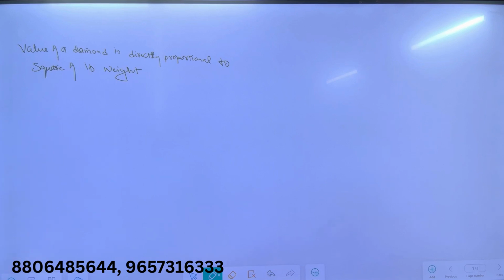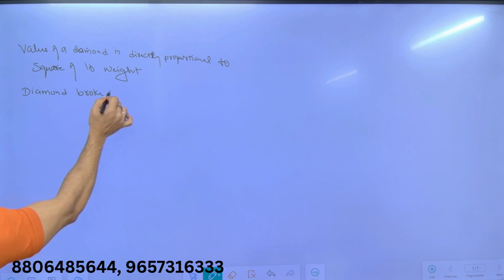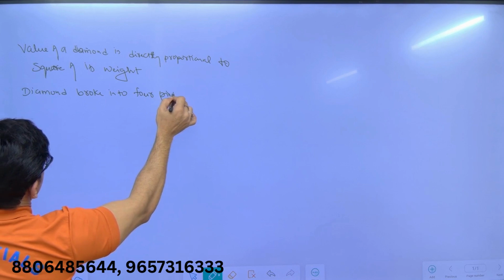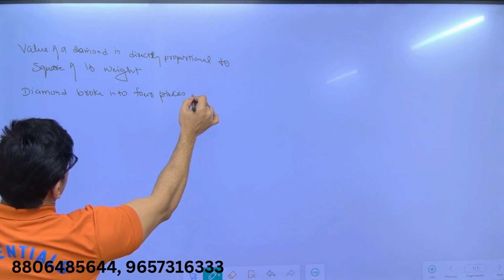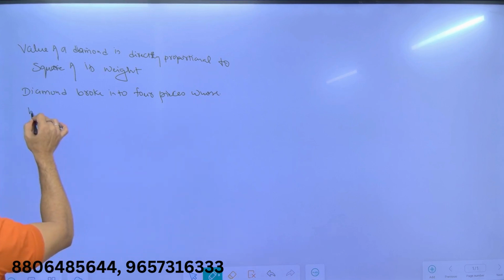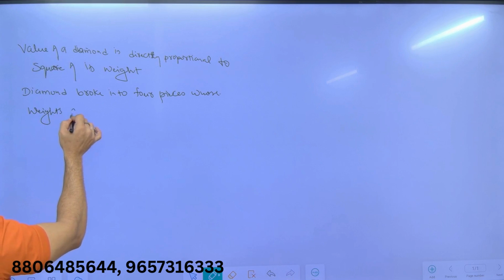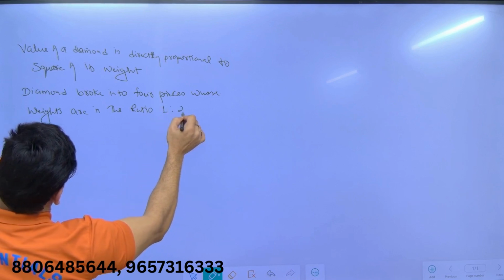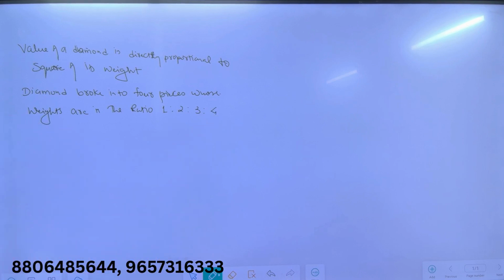Square of its weight. Right? Then diamond broke into 4 pieces whose weights are in the ratio 1:2:3:4.